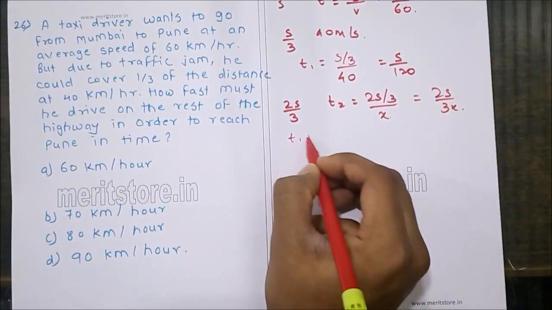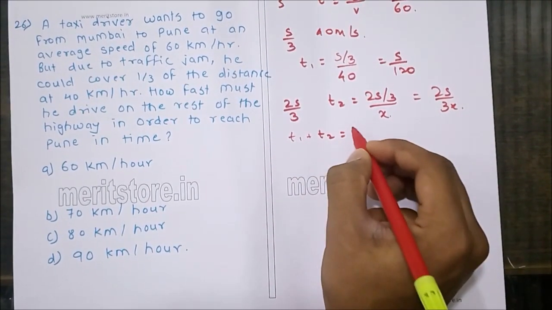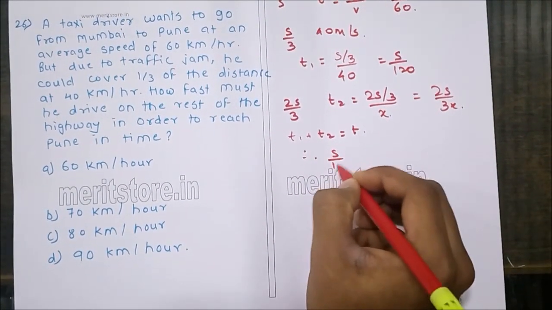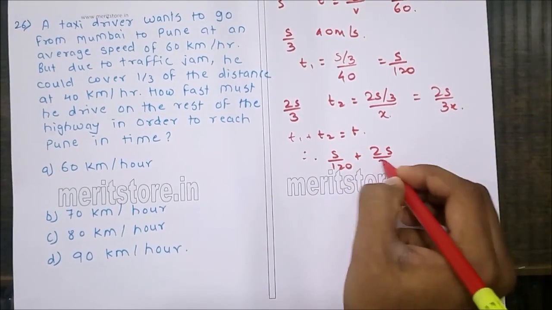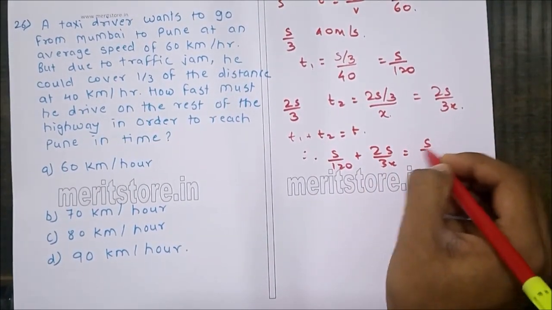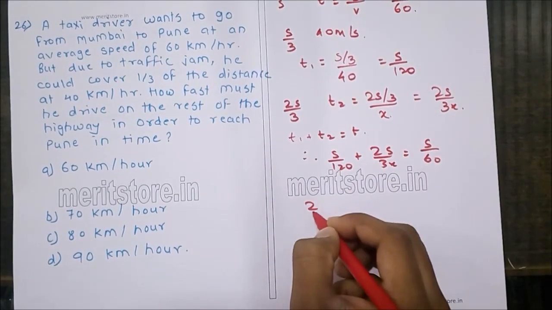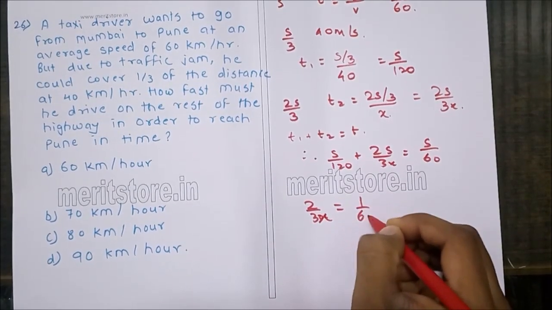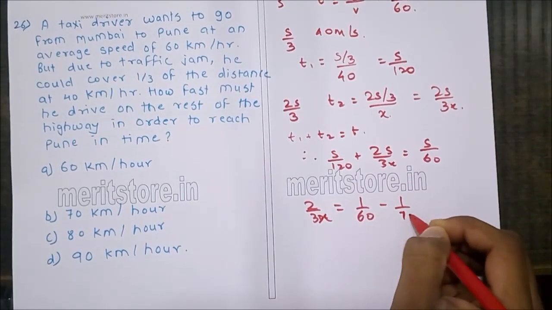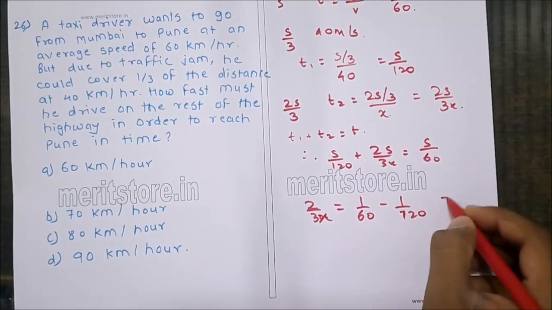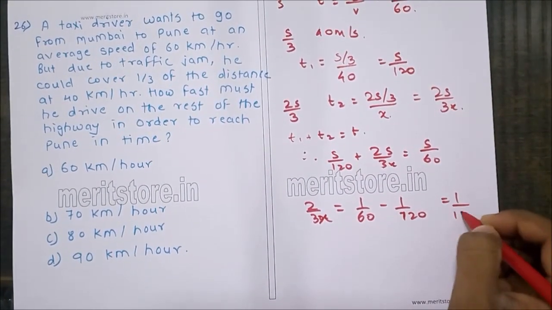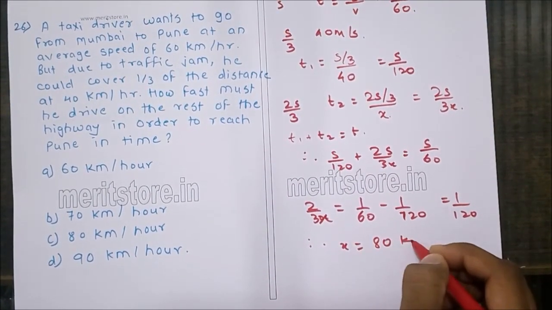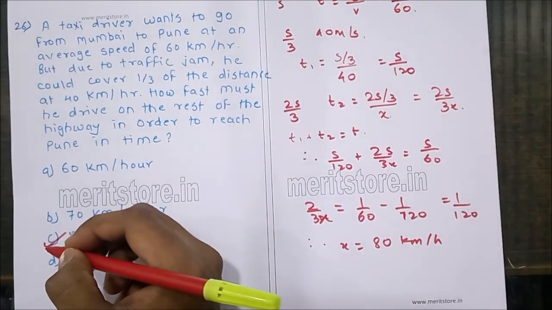But we know that T1 plus T2 is equal to T, that is S by 60. So therefore S by 120 plus 2S by 3x is equal to S by 60. Solving for this we get 2 by 3x is equal to 1 by 60 minus 1 by 120, which is equal to 1 by 120. Therefore the value of x is equal to 80 kilometers per hour. Hence option C is the correct answer.